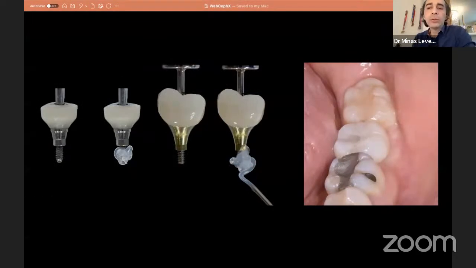Now we just need to take a good impression, analog or digital impression, send it to the lab, and the lab now can follow the anatomy that we created with our anatomical healing abutment, and using CAD/CAM technology, we can get a customized prosthetic titanium abutment, a milled abutment. On this abutment, we fit a CAD/CAM zirconia crown with a layering of porcelain, and we can get a very adequate, successful result with very good long-term prognosis.